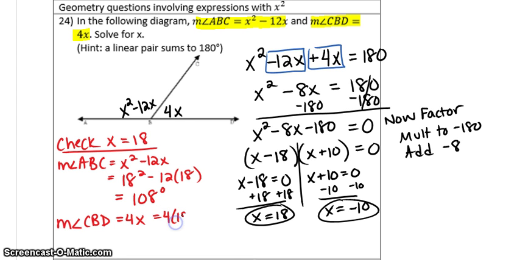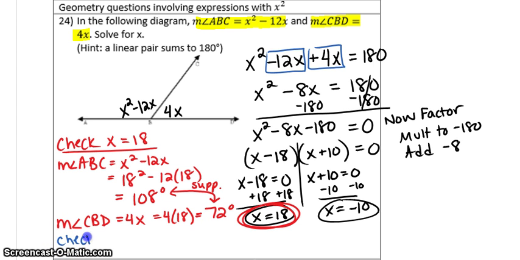When I plug 18 in for x, I get 4 times 18, which is 72 degrees. The relationship that we're supposed to be seeing here is that they're supplementary. So the check is, does 108 degrees plus 72 degrees really equal 180? And it does. So x equals 18 is one of our solutions, maybe our only solution.